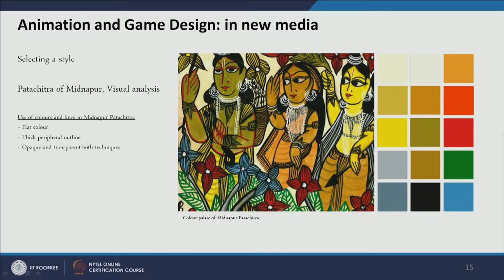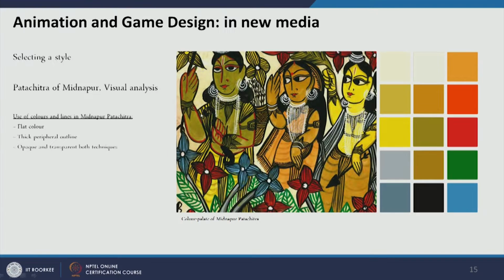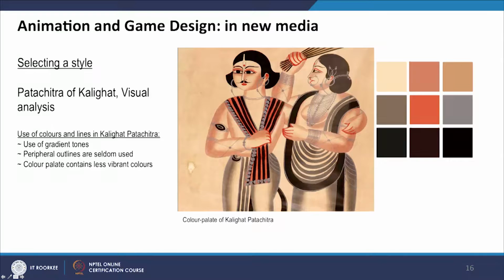So we have black and red borders around the particular color filled shape, and white borders to show the jewelry. And here we can see a flat color, so no gradient is used, and the color used is very opaque in nature. That was the Midnapur Patachitra.